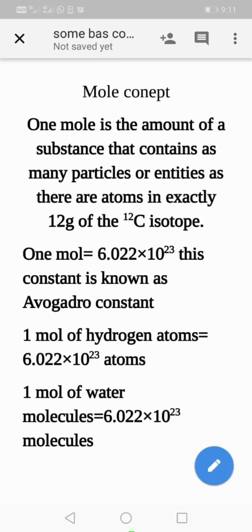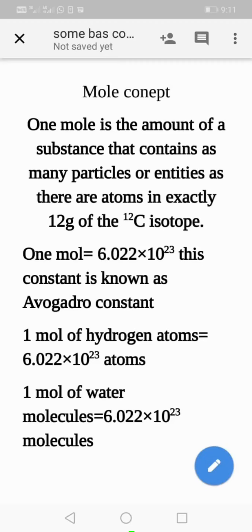Molecular mass is the mass of a single molecule, and it is expressed in u, that is unified mass, or amu, atomic mass unit.